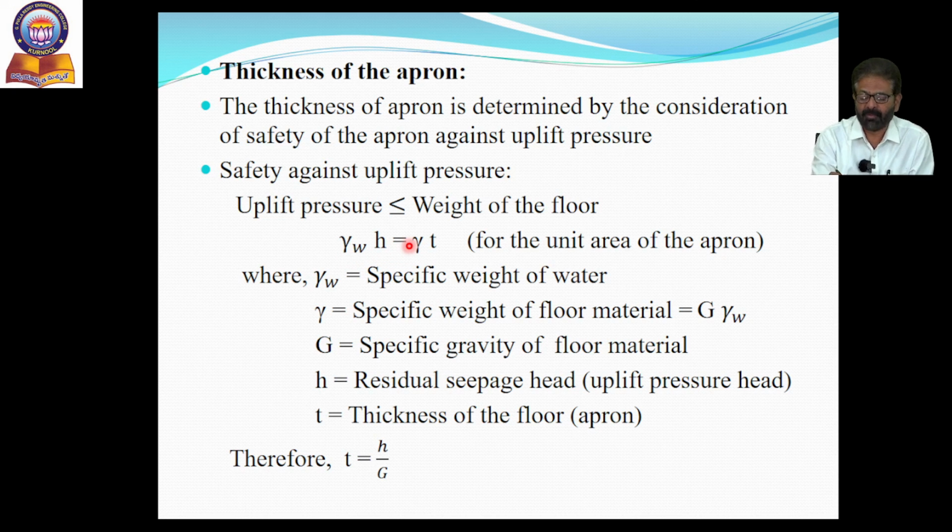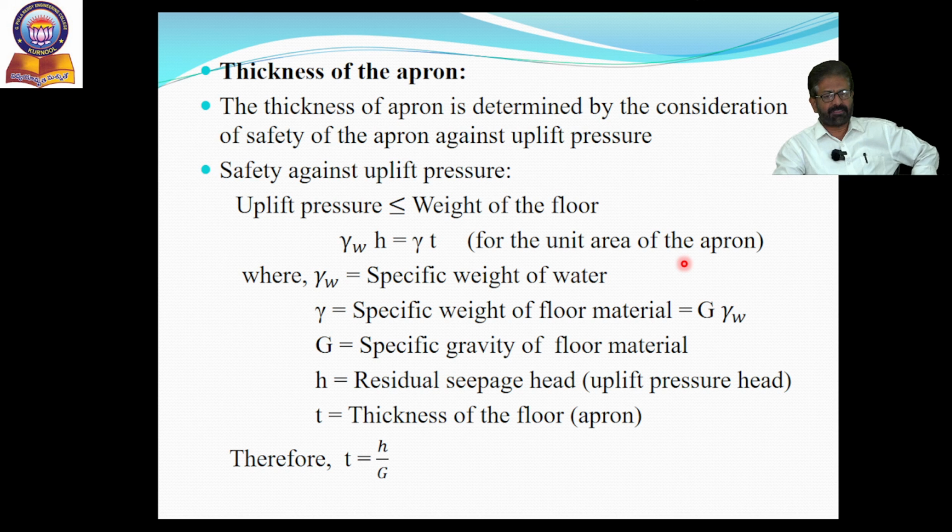See here, what are the terms involved in this condition? It is very clear that gamma W is the specific weight of water, which you are all aware is 9.81 kilonewton per meter cube or 9810 Newton per meter cube. Similarly, gamma is the specific weight of the floor material. We can consider this gamma in terms of gamma W with reference to G, where G is the specific gravity of the floor material.